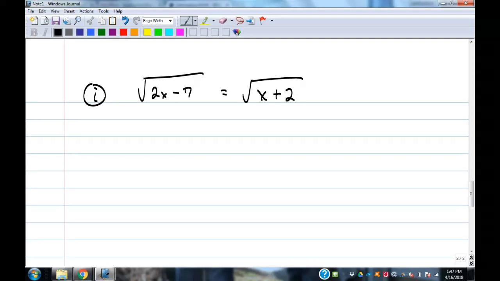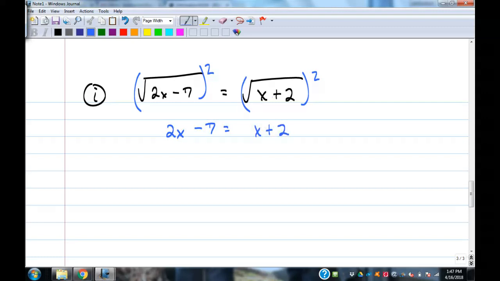What would that do? Yeah, if I square both sides, that'll get rid of that. Squaring the left side will get rid of the radical there. But if I do that to the left side, I have to do it to the right side. So that gets rid of the square root on both sides. So that gets us 2x minus 7 equals x plus 2.